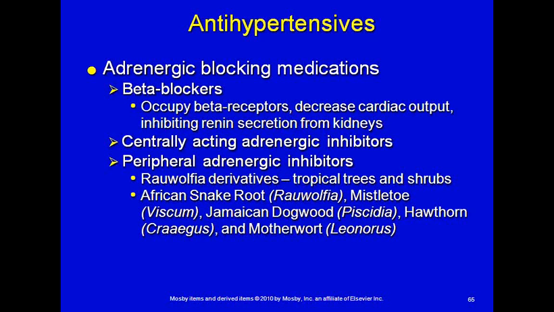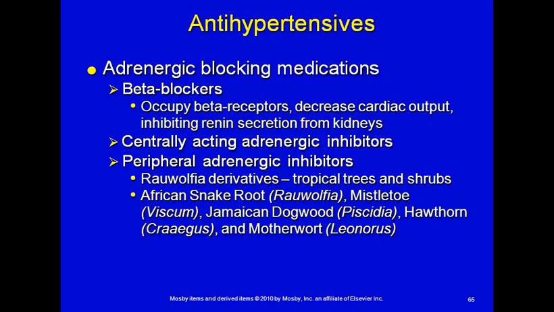Beta blockers occupy the beta receptors, beta 2 and beta 1, particularly in the heart, which decrease the rate of contraction, decrease the strength of contraction, and the overall outcome of that is a decrease in cardiac output and a lowering of blood pressure.